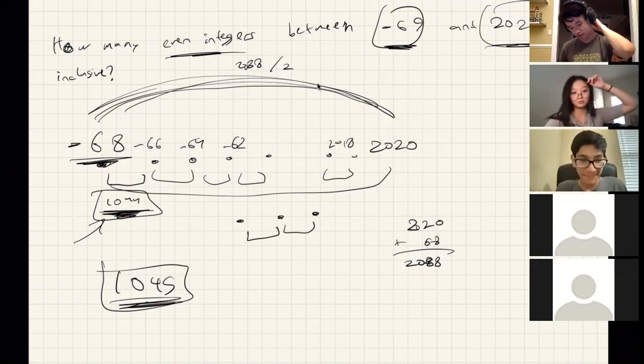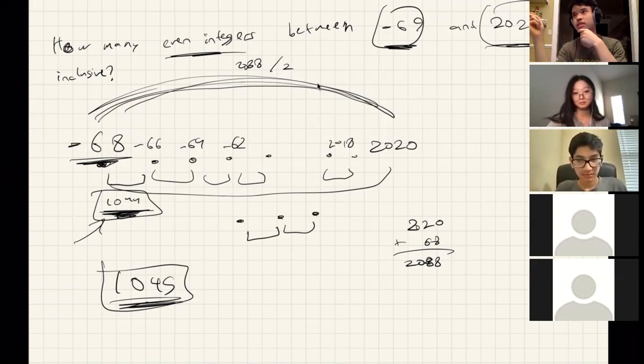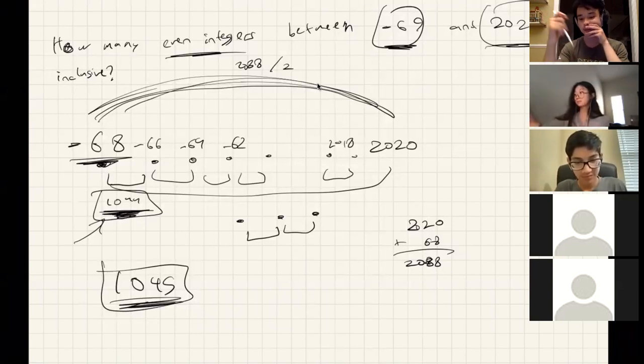But the general idea is that there's always this idea of missing something on the edge, right? An edge case. This is something that goes through all of math. A lot of times you're going to miss something on the edge, like the least, the greatest, the weirdest, whatever.